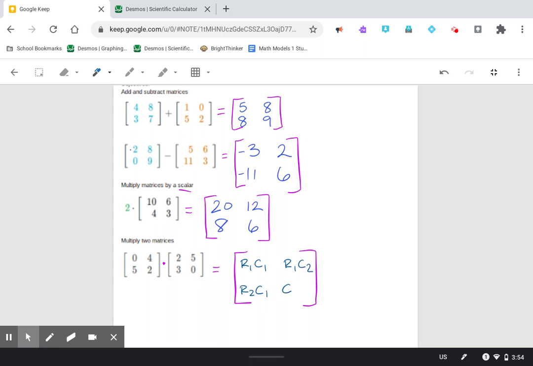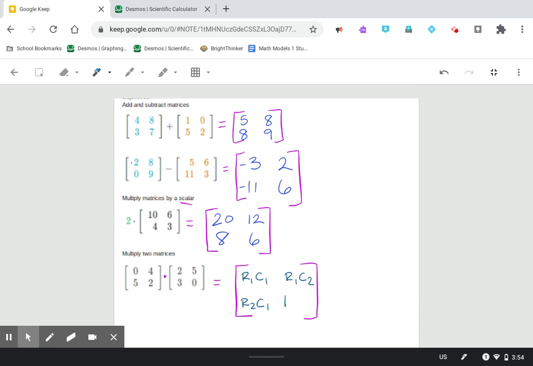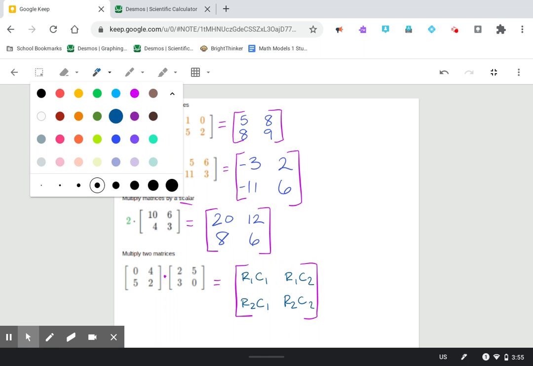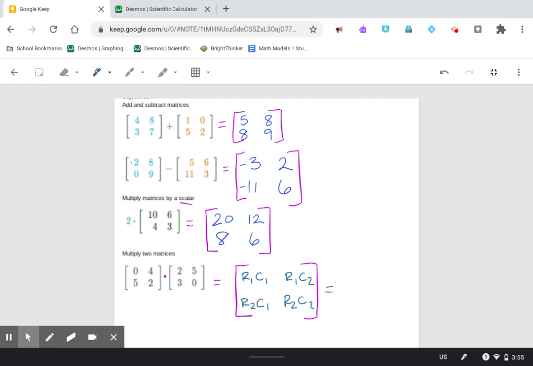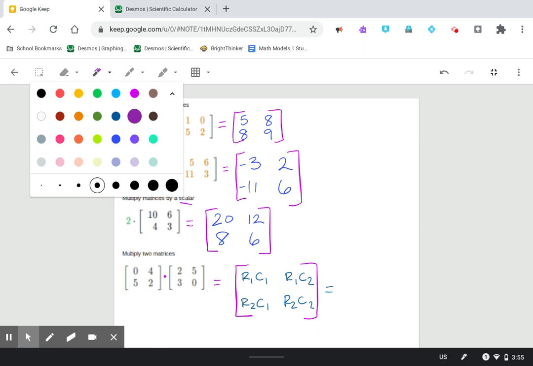So I'm getting this information just from the location in the answer matrix. So for instance, if I'm looking at this term, it's going to be the multiplication of row 1 with column 2. So I'm going to go ahead and put equals and write our final answer matrix.